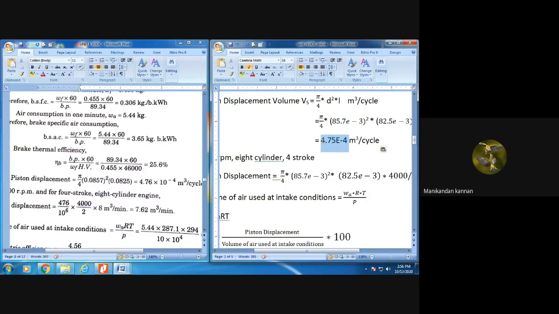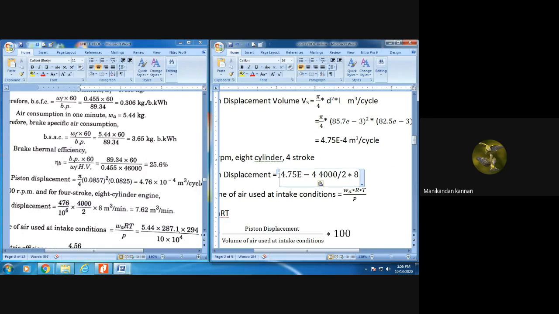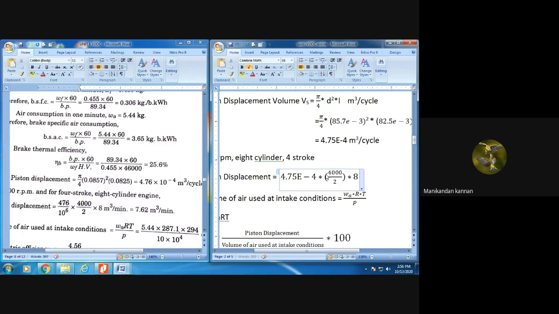Instead of writing this much value, I will write directly my piston displacement volume. See the formula: I have to multiply the piston displacement volume into number of cylinders, that is 8, and into 4 stroke.